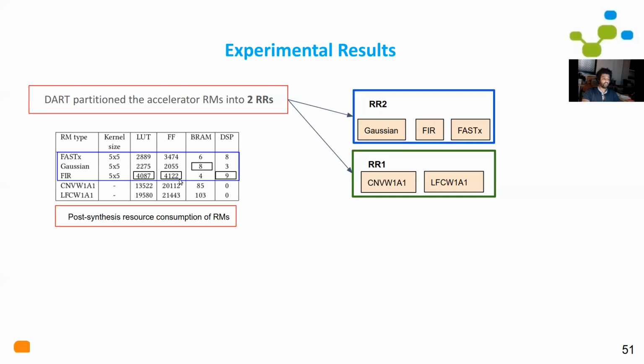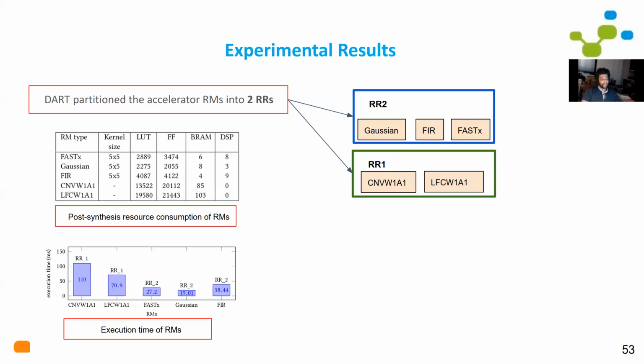And also the number of flip-flops should be above this value. The number of BRAMs should be above this value, and the DSPs should be above this value, because the reconfigurable module with the maximum resource consumption in that reconfigurable region determines the size of the reconfigurable region. The same holds for the first reconfigurable region.